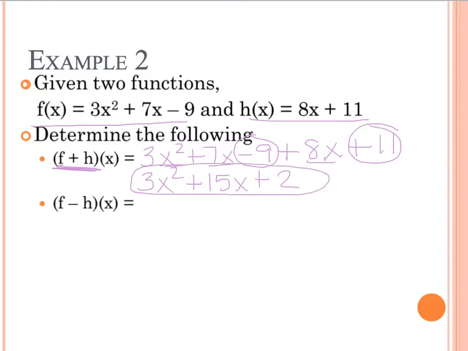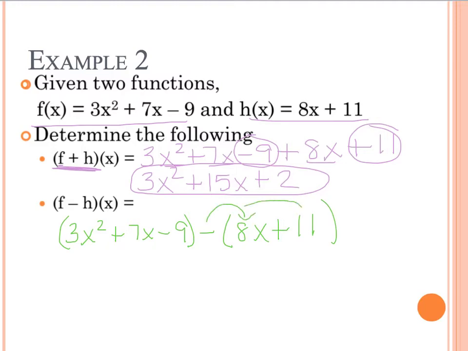We can also subtract the two functions. So 3x squared plus 7x minus 9. There's function number 1 minus function number 2. And there's a reason that I put these in parentheses, because I have to remember to distribute that negative.